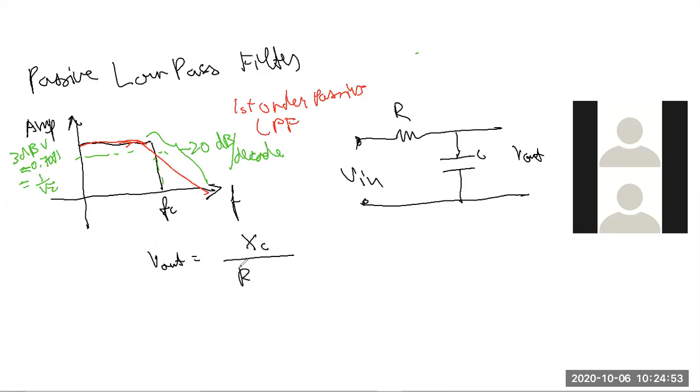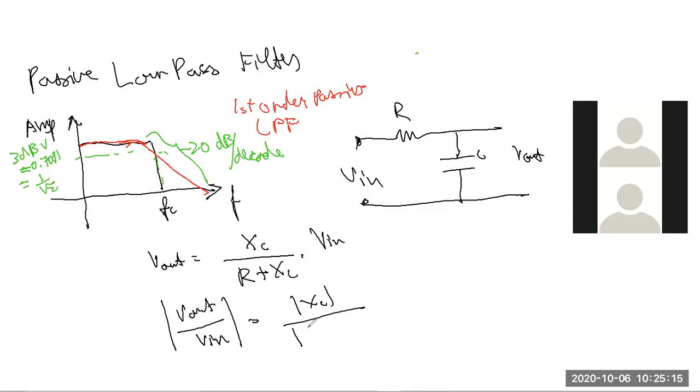It is basically a voltage divider, only now we have to use reactance instead of just resistance. So the magnitude of Vout divided by Vin equals the magnitude of XC divided by the magnitude of R plus XC, or this equals XC divided by square root of R squared plus XC squared, right?